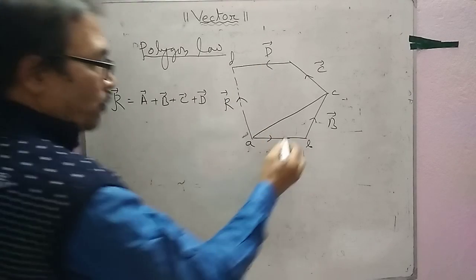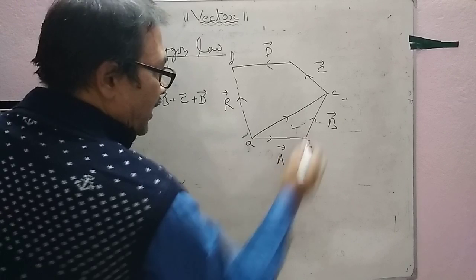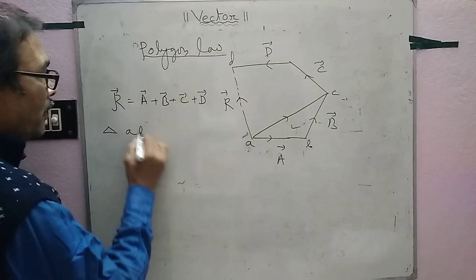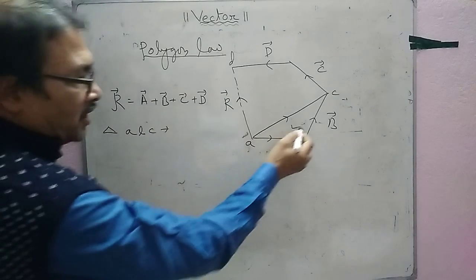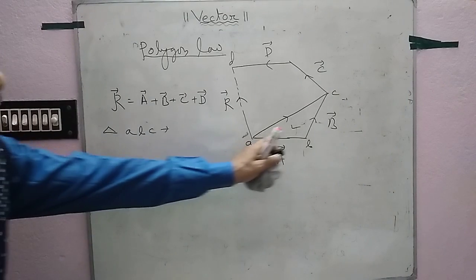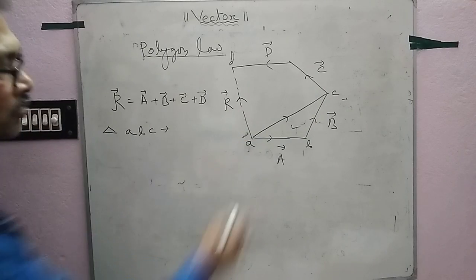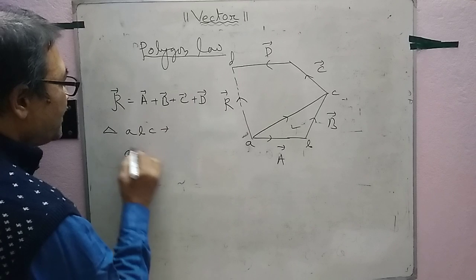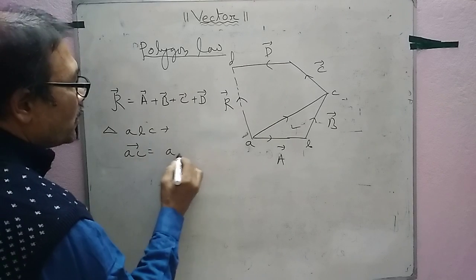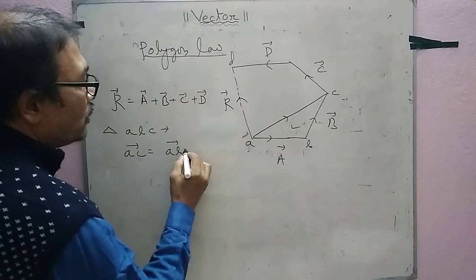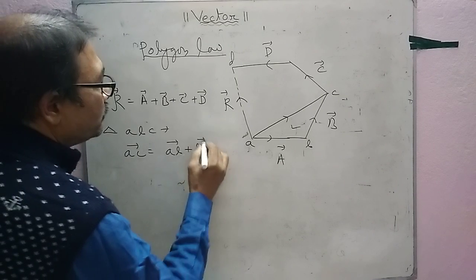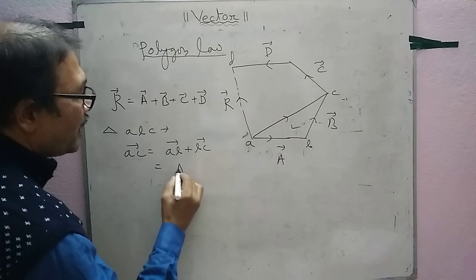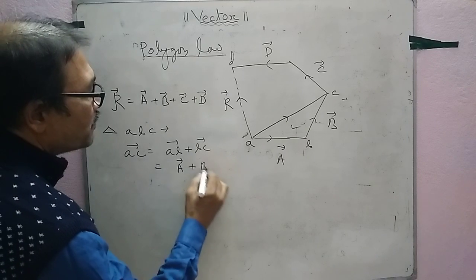From this triangle ABC, if we apply triangular law of vector, যদি আমরা ভেক্টর যোগে ত্রিভুজ সূত্র অ্যাপ্লাই করি তাহলে আমরা কি পাবো? AC equal to AB plus BC, that is A plus B.